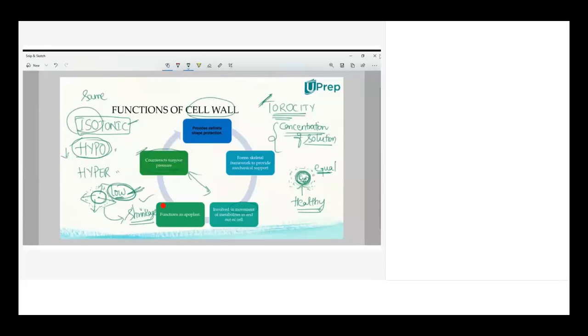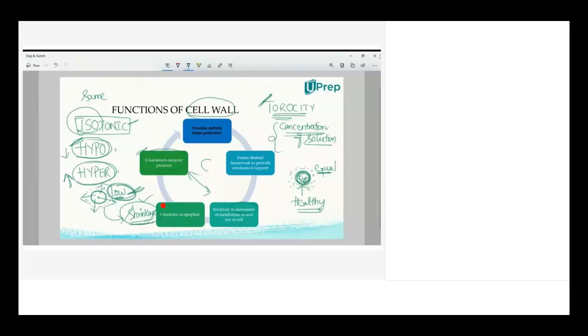But this condition will not happen in case of plant due to presence of cell wall. What happens here? Because of the outside hypertonic high concentrated solution, inflow of materials happened and the cell got swollen up. The swollen cell might be looking like this. Okay, because of the inflow of materials.